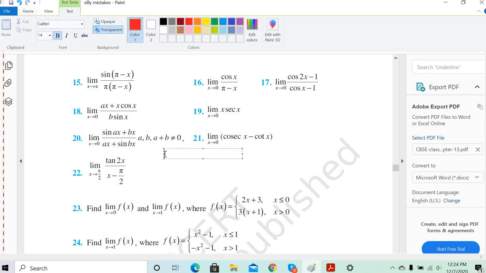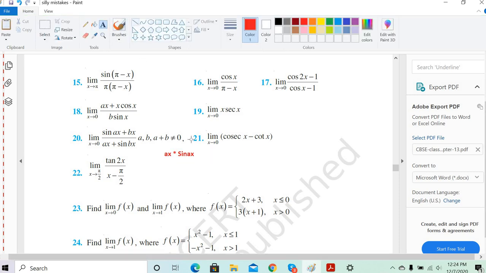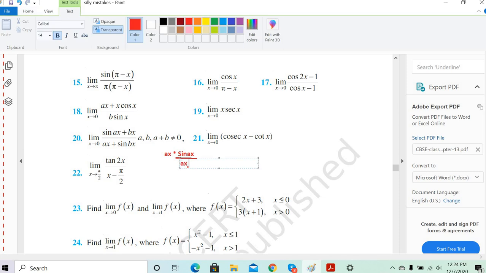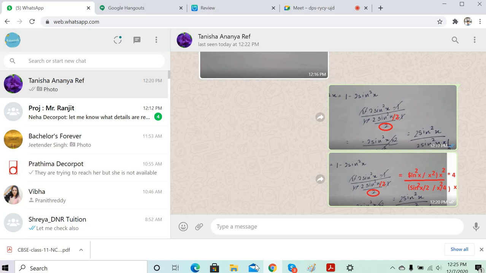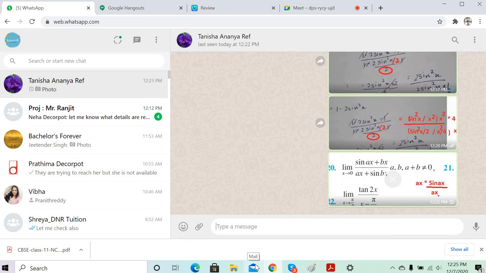So that sin ax can be written as what? ax into sin ax by ax. You can write like this, right?